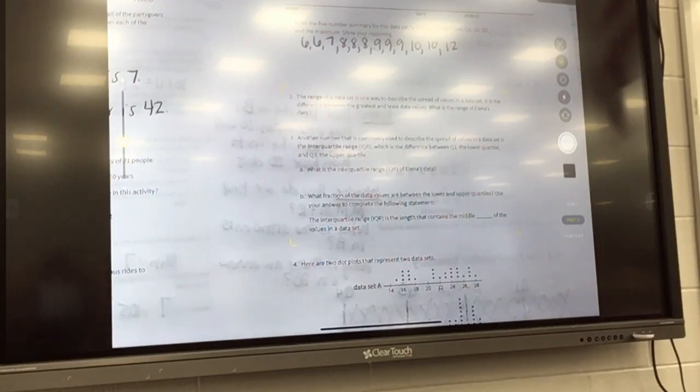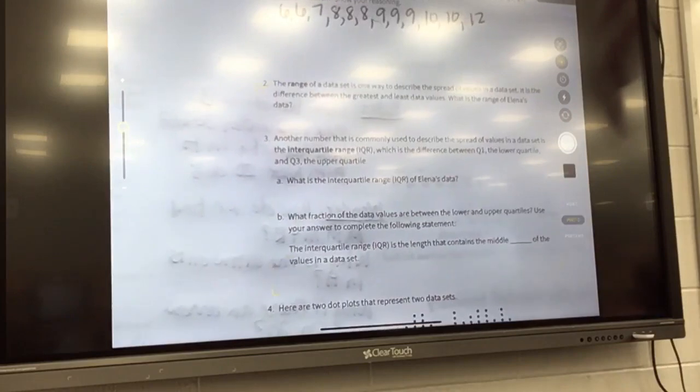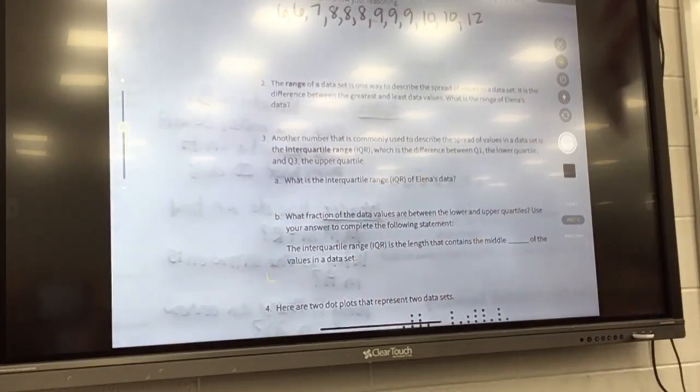You guys need to make sure you're showing your work. If you have 2 numbers for your median, you have to show your work a little bit. The middle numbers are 8 and 9, so it's inwards. In between 8 and 9. They're right next to each other.